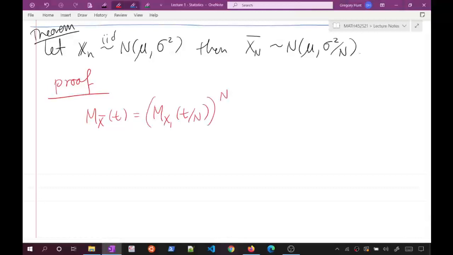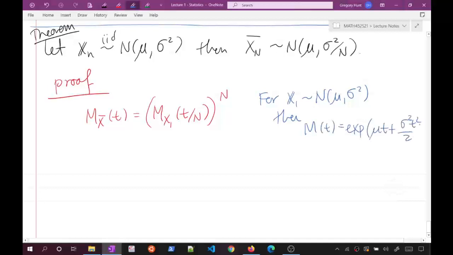Okay, what's the moment generating function of any of my x's, of x1 or any of my x's? Well, you have to remember that if I have data that follows a normal distribution with mean mu and variance sigma squared, then the moment generating function of this, and this is a fact I don't have memorized, you shouldn't memorize, but it's a fact you could look up, is the exponential of mu t plus sigma squared t squared over 2.